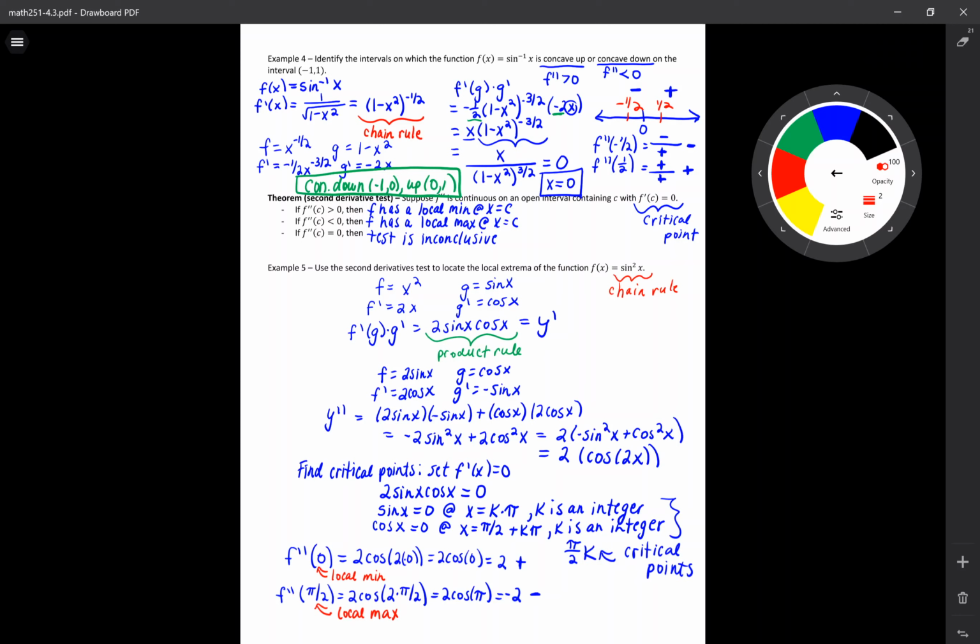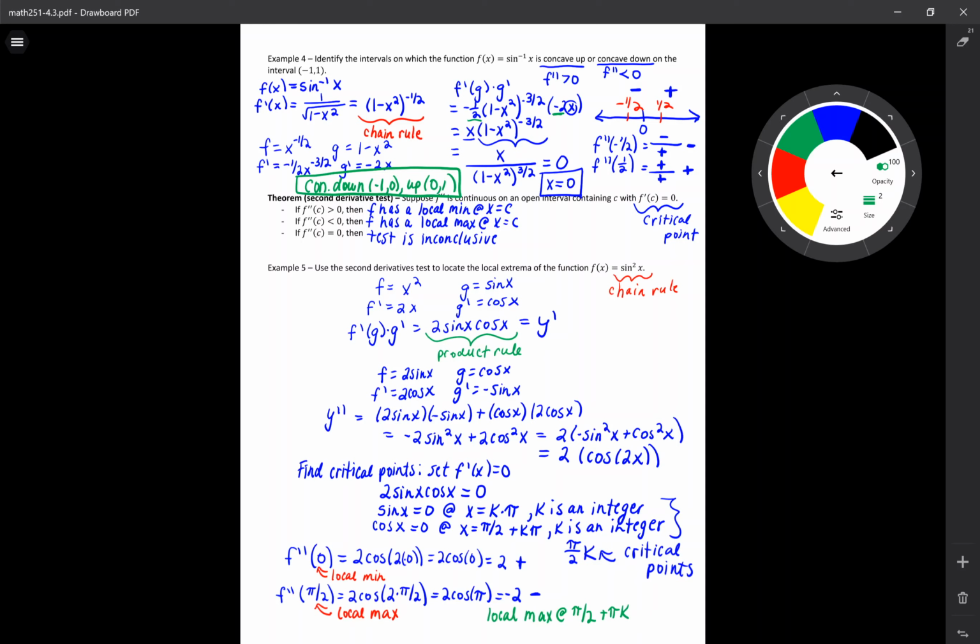And if I were to test a few more of these k values, what I would find is every integer multiple of pi, so 0, pi, 2 pi, 3 pi, I would have a local min, and all of the alternating ones, like pi over 2, 3 pi over 2, 5 pi over 2, etc., those are all local maxes. So I'm going to write this as local max at pi over 2 plus pi k, where k is an integer.